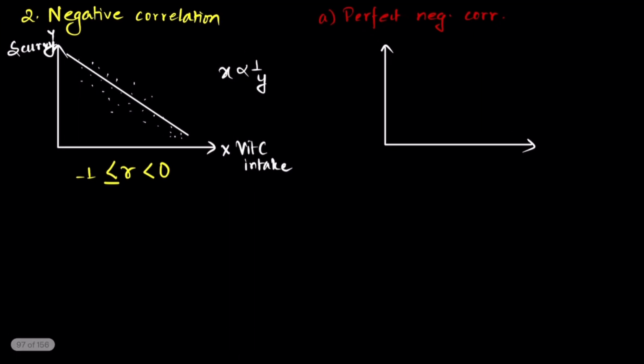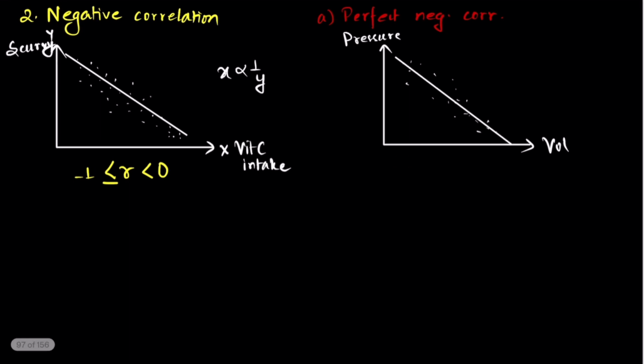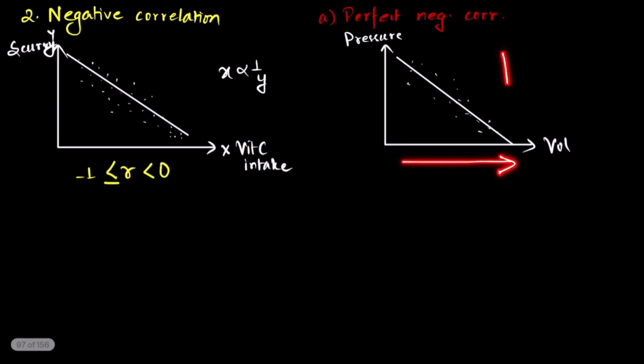On the x-axis, we have volume. On the y-axis, we have pressure. So if we draw a scatter diagram between these two variables, the graph comes out to be something like this. As you can see, when volume increases, pressure decreases. So x is inversely proportional to y, and that is why it is negatively correlated.